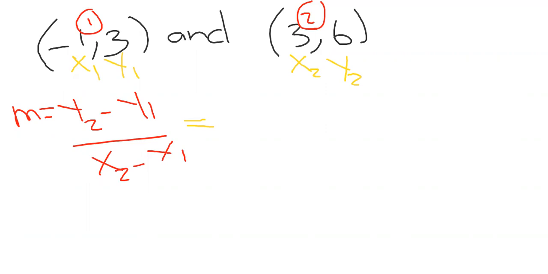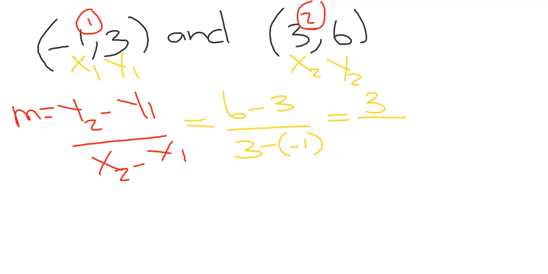Then substituting, the value of our y2 is 6. The value of our y1 is 3. The value of our x2 is 3. The value of our x1 is -1. So then solve this. Solving this, we get 6 minus 3, we get a 3.